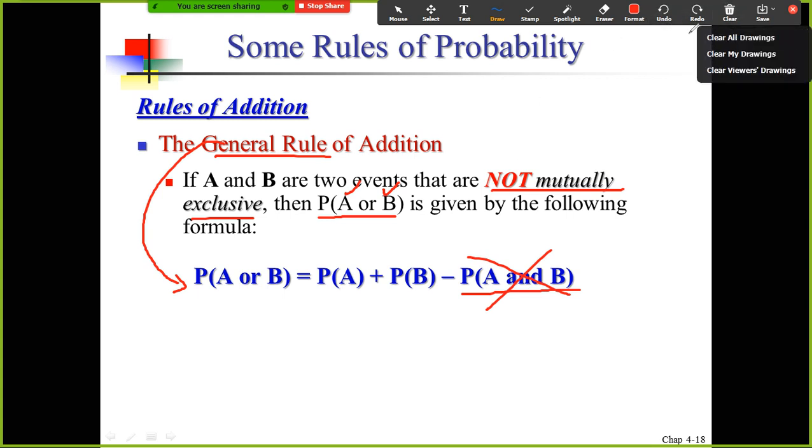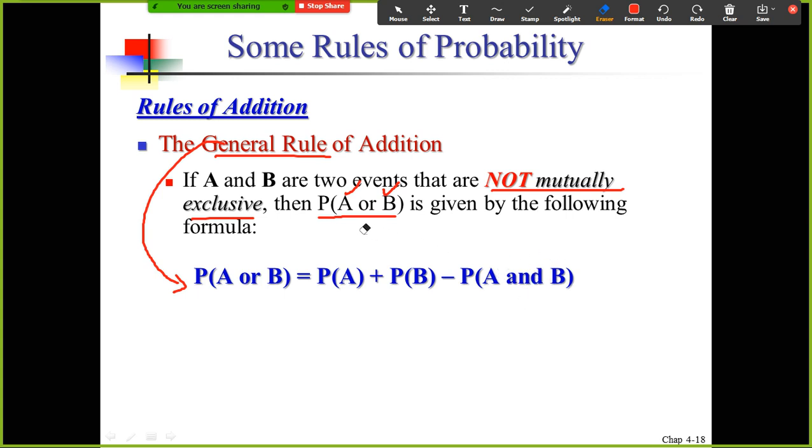However, for the general rule, A and B are not mutually exclusive events. Sometimes A and B could come at the same time. This one is a condition, the time that A and B happen at the same time.